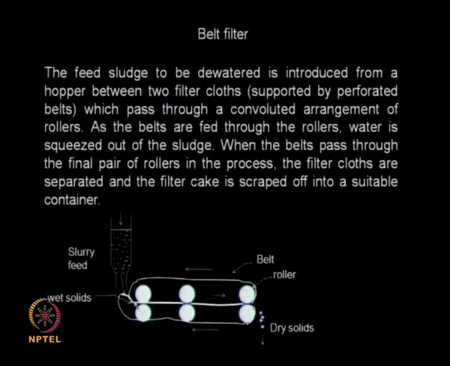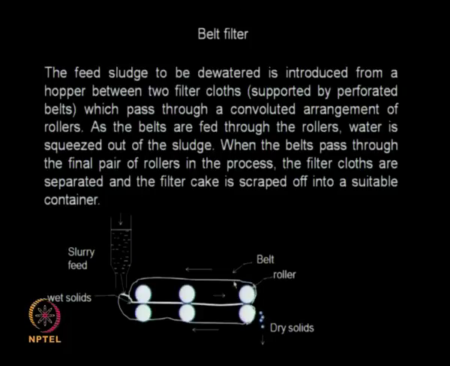What you have here are two belts, generally made of filter cloth or porous cloth, and these belts travel between rotating rollers. Your feed slurry comes in and the belts move in this direction, and when they go through these rollers, the wet feed gets compressed, so the liquid gets squeezed out, and at the end you have dry solids falling out.